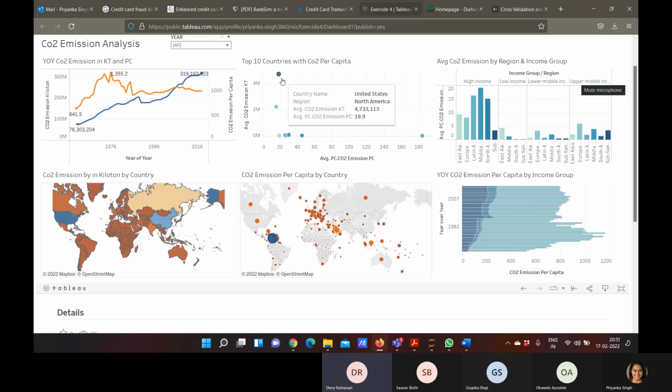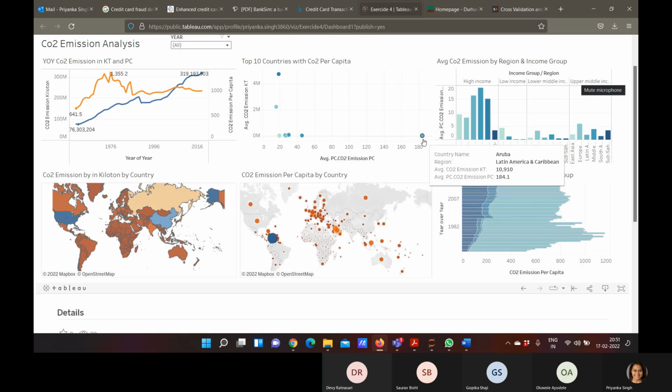As we can see, the highest is the United States with an average emission per capita of 18.9. However, in Aruba the average emission in kilotons is low, but they have a very high average CO2 emission per capita of 184.1.